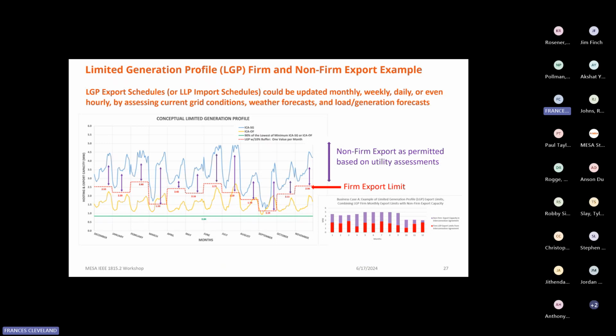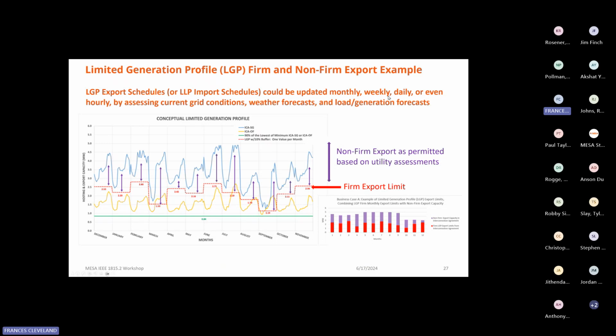You don't want the utility to just say, at this moment you can have this amount, and the next moment you might have a different amount. You want to be able to schedule it so that the DER sites have some knowledge of what's going to be available so that they can plan ahead. So it's important not to just say all of this happens in real time.